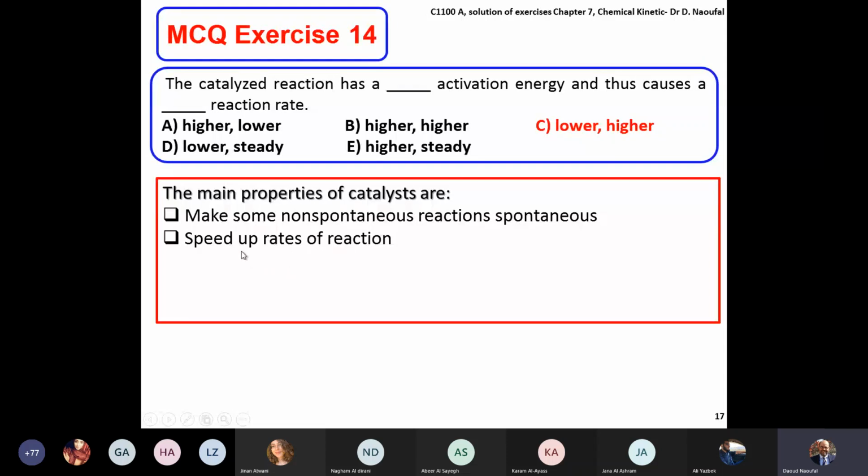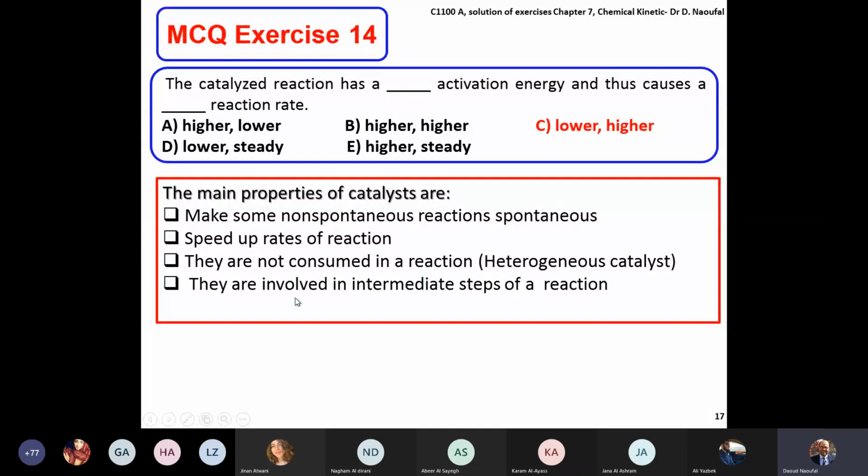When the reaction is spontaneous, the addition of the catalyst will speed up the rate of the reaction. Catalysts are not consumed in the reaction. This is the case of the heterogeneous catalyst. They are involved in the intermediate step of a reaction. They lower the activation energy. These are the properties of a catalyst.